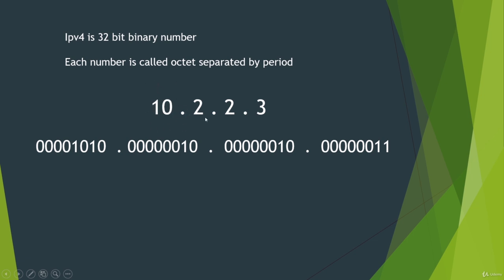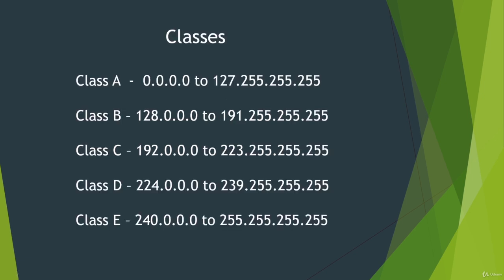From 0.0.0.0 to 255.255.255.255, and we can generate 255 power 4, I think, that many addresses. Yes, I think it's 255 power 4 addresses.